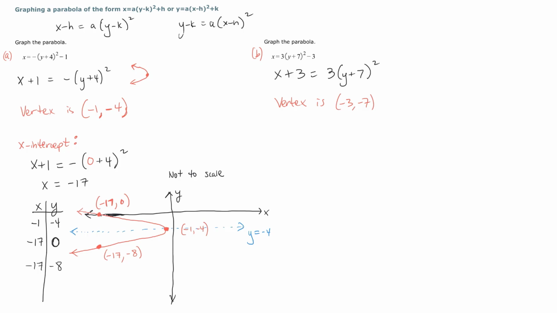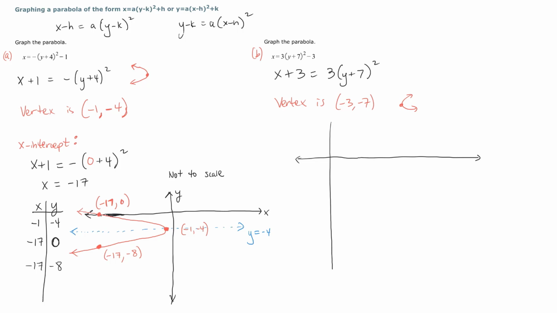Once again, we're in the third quadrant, but this time, because a is positive, this is going to open to the right. The vertex is right here.